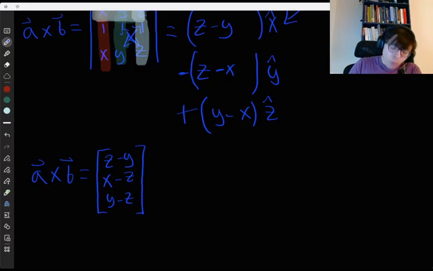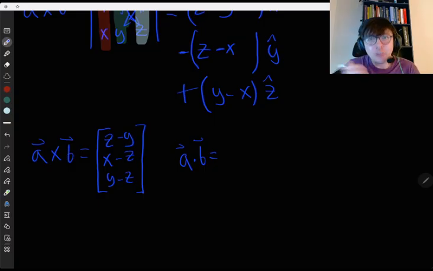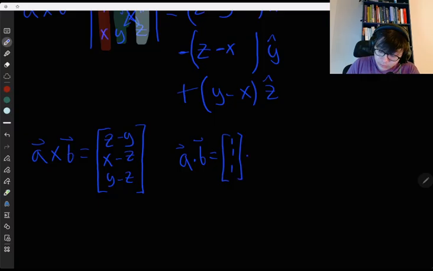And so the other one you may be aware of is the vector dot product, or in this case, a scalar product. And the answer is going to give you a number. And in this case, when you dot two vectors, which I'll write like this, you literally just multiply their components together.